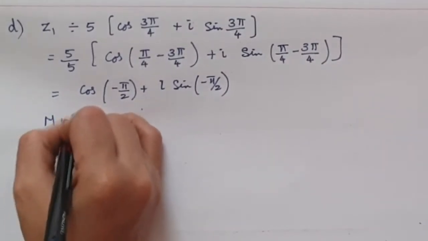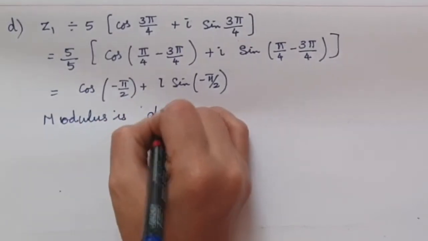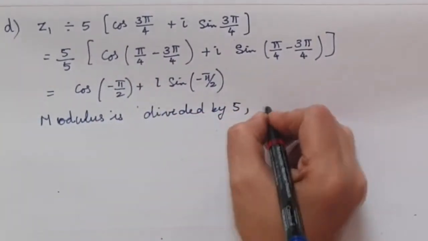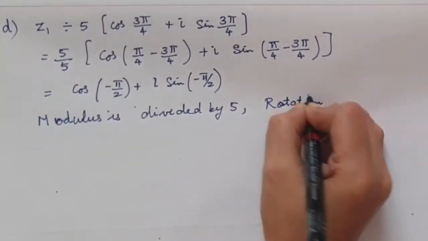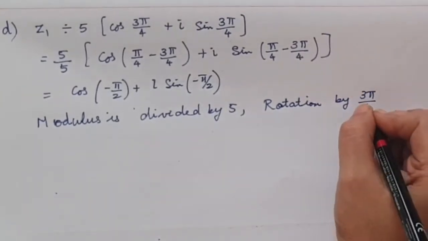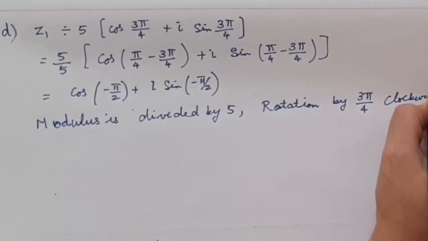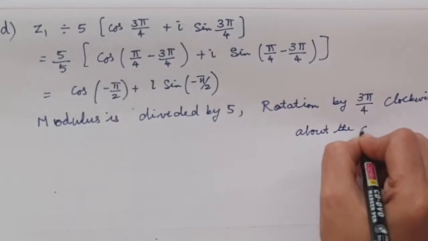Modulus is divided by 5, and it is a rotation by 3 pi by 4, and it is division, so it is clockwise about the origin.